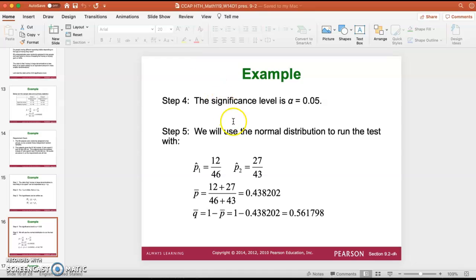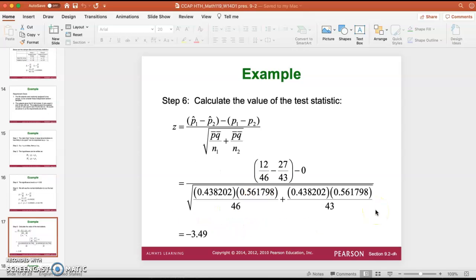All right, and we're going to test this at a 0.05 significance level. We're going to be using the normal distribution to run this test, or the z-table. Again, we've got our pooled proportion, and the opposite of our pooled proportion, just doing the same 1 minus p bar there. Now, step 6, calculate our test statistic. Let's plug all of that into the formula.